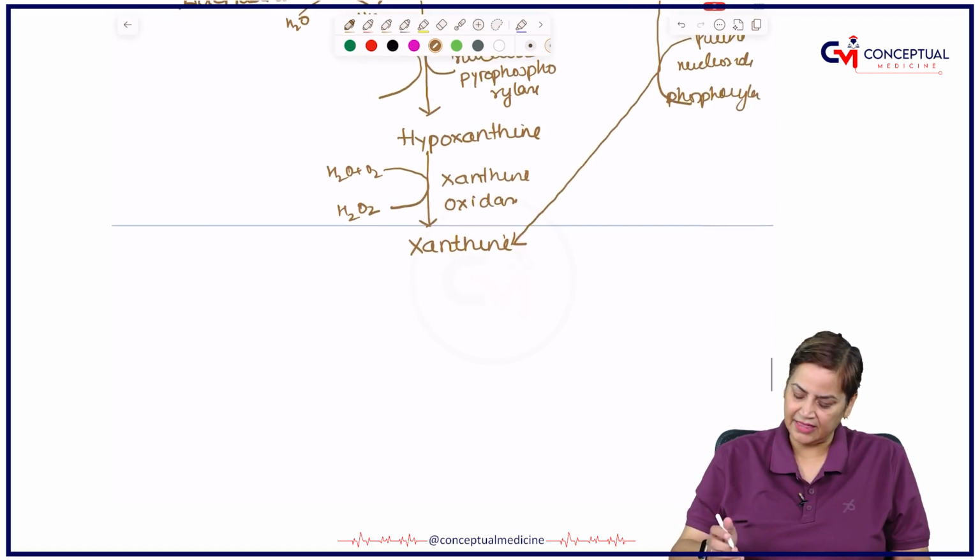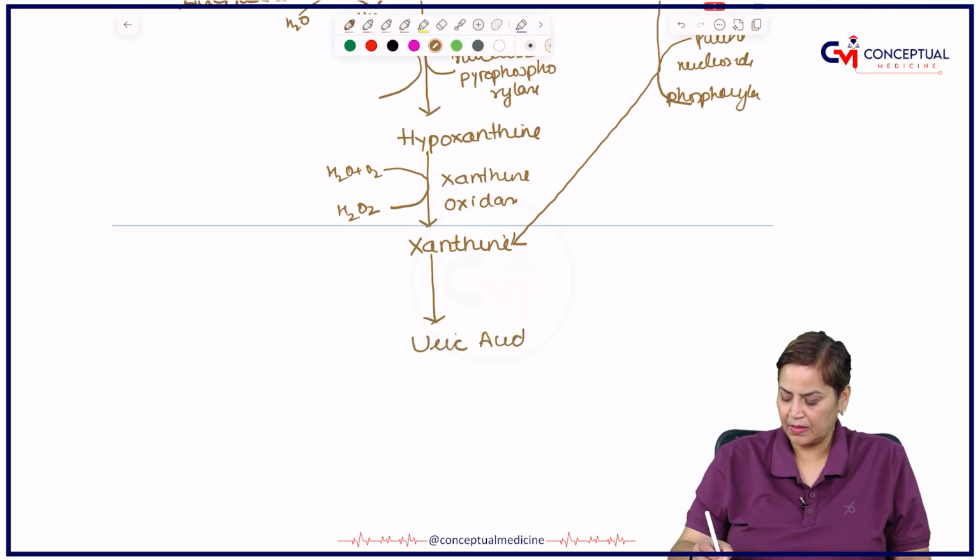And then this xanthine will be converted into uric acid. Again, the enzyme is xanthine oxidase.